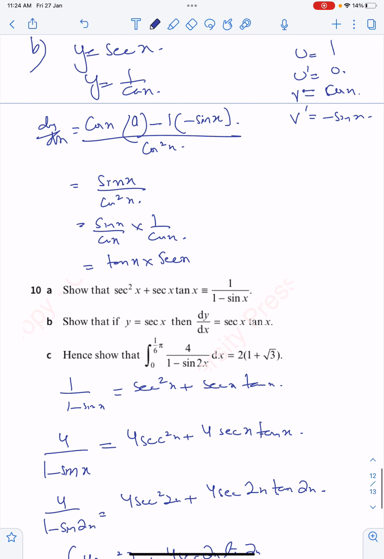And we know from here that the differentiation of this, I'm just copying this part.